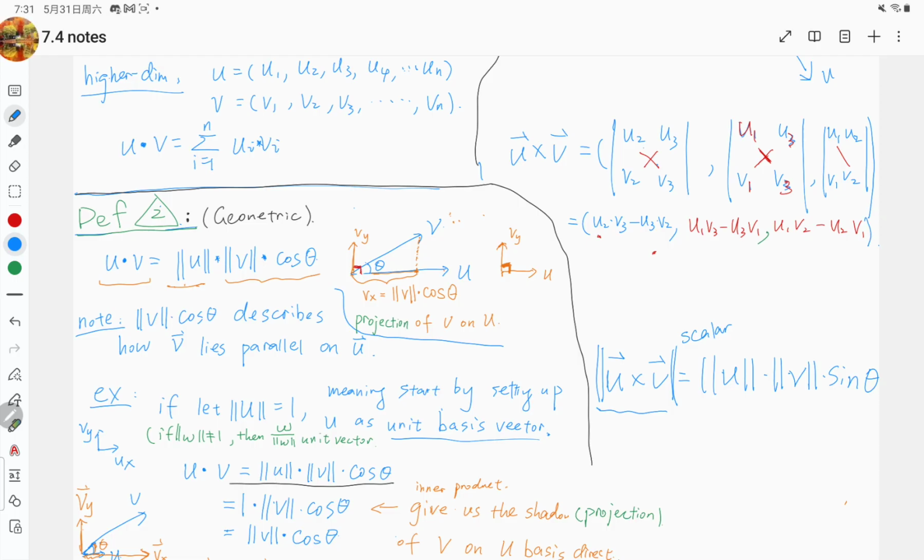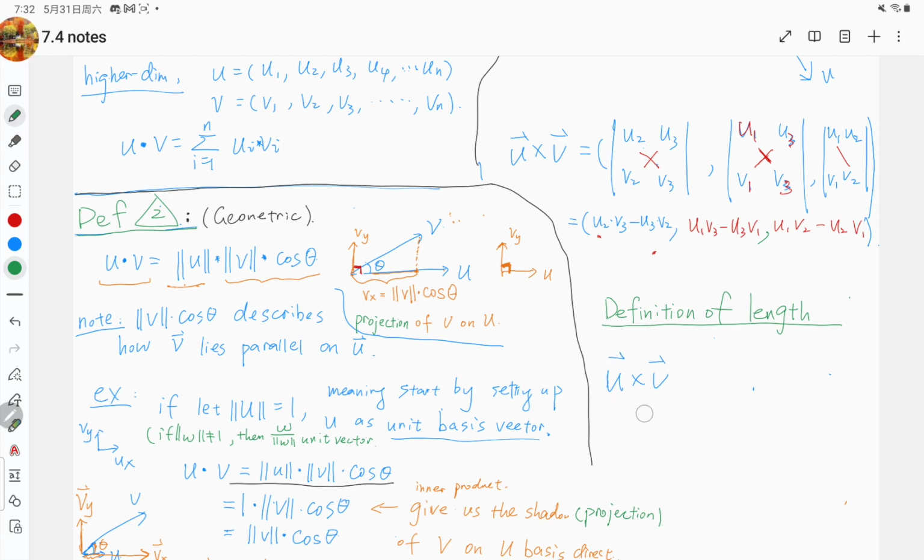All right, and then there is another definition for the cross product, but this definition is not for the vector itself now. This definition is for its length. Definition of the length of the cross product, right? Because again, the cross product is a vector, right?